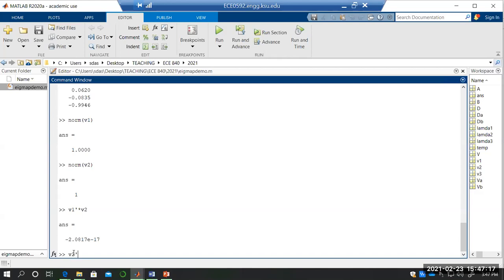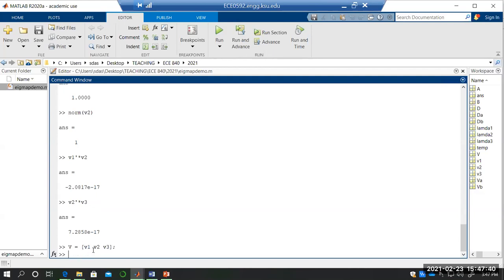V2 transpose times V3 is, again, such a small quantity that for effective purposes it's 0. And now V equals V1, V2, V3, right? This is my V. Actually, that's what we got.